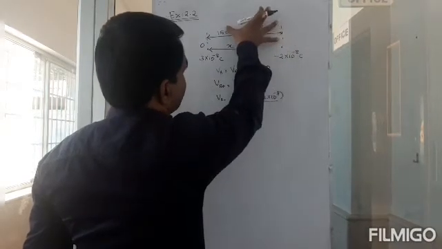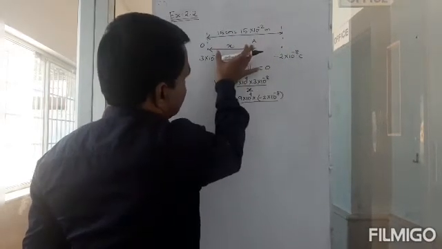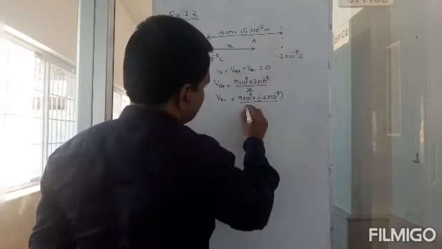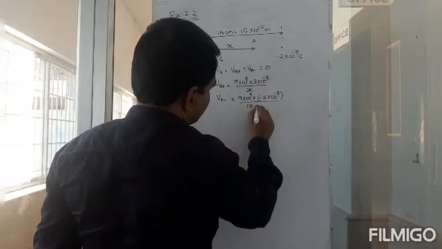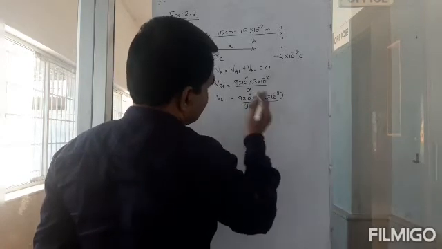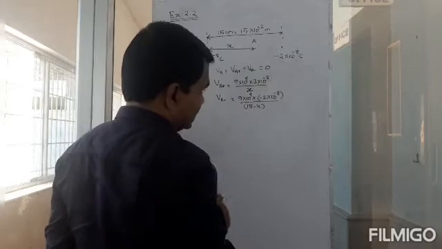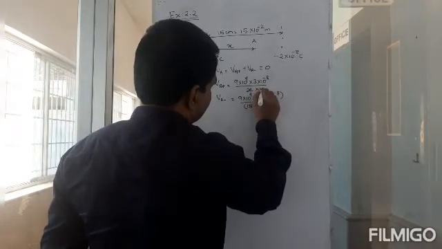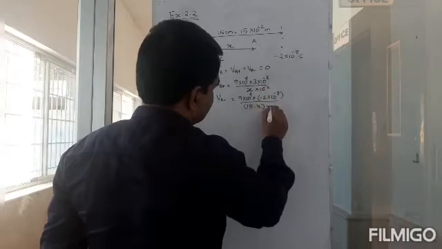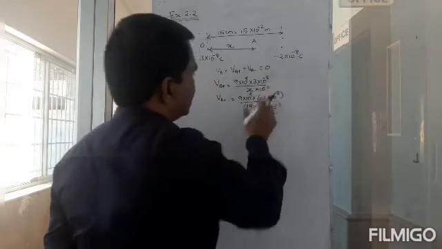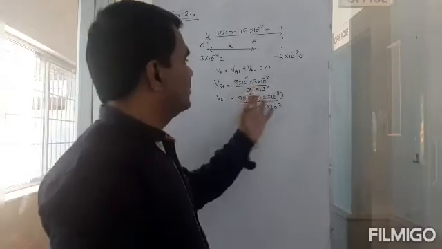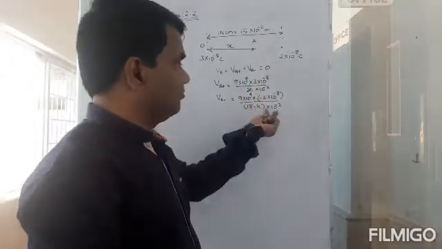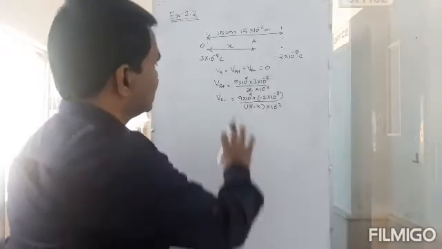Well, this is 15 centimeters and this is x centimeters, so this must be 15 minus x. So let's say this is x centimeters, so I'll say x into 10 power minus 2, and 10 power minus 2 here. So in this case, I'm going to take x in terms of centimeters. Okay, so this is what I get.